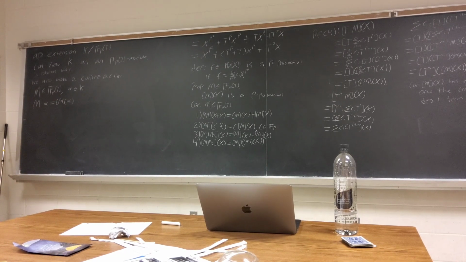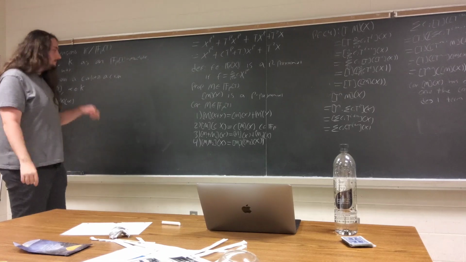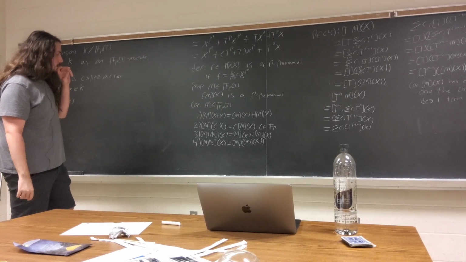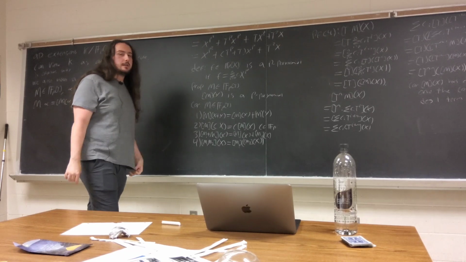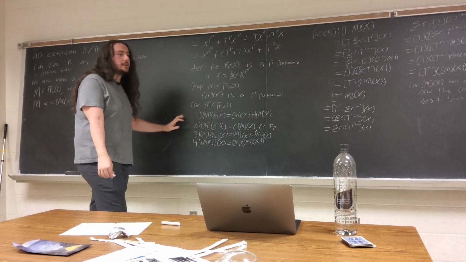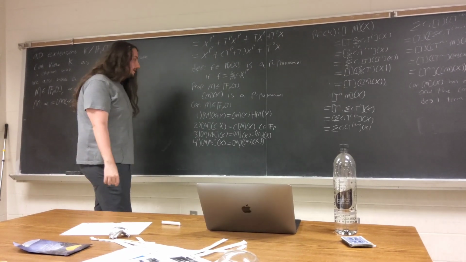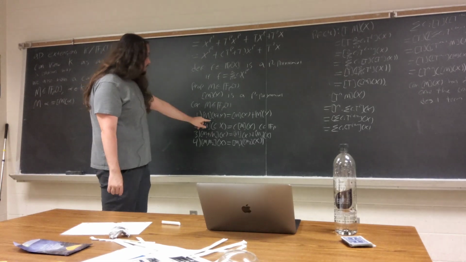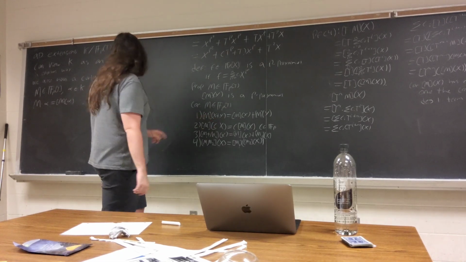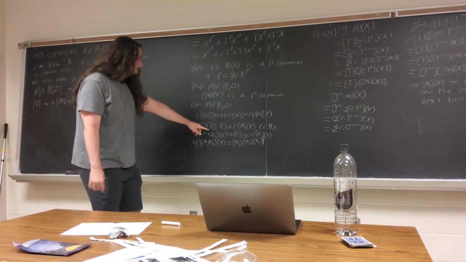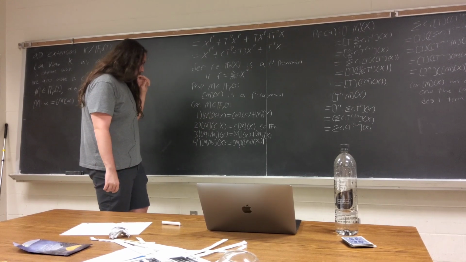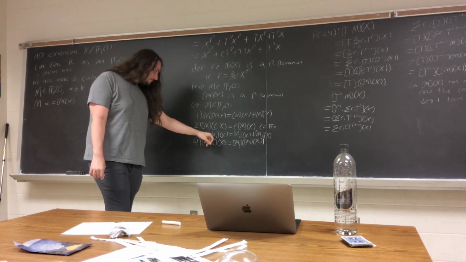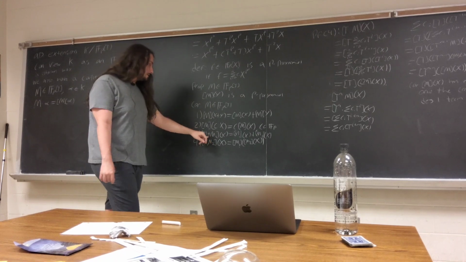And it's nice that I still have this right next to it. So you can see that these are essentially exactly what we need for this module action to be a real action. We need that it respects the addition in K, which is what this is saying. We need that it respects the addition in the ring, which is what this is saying.